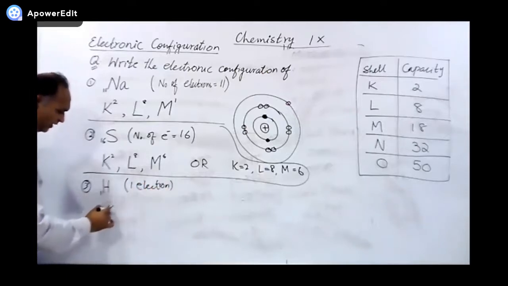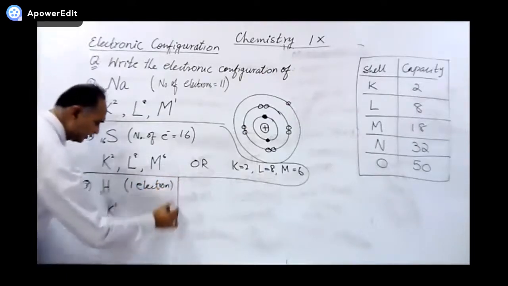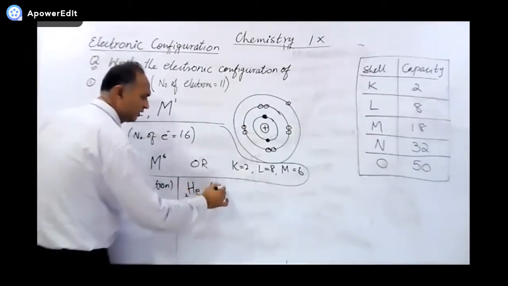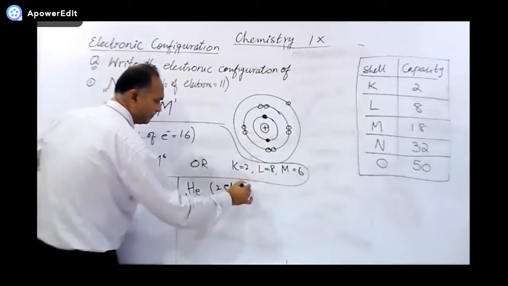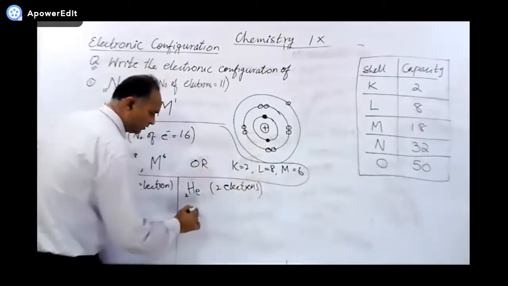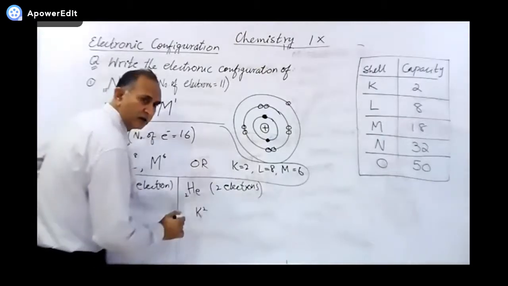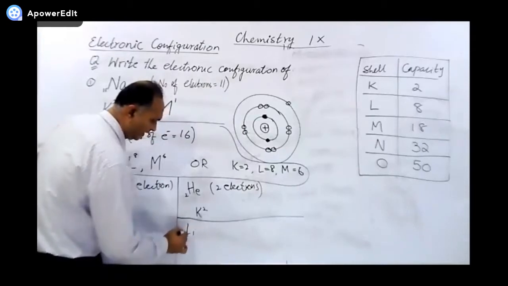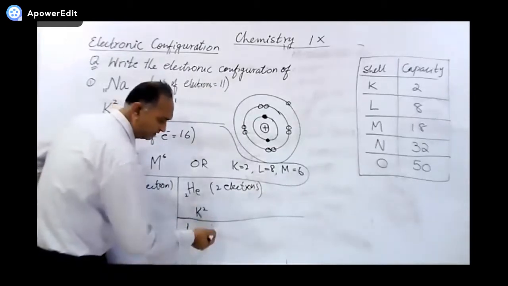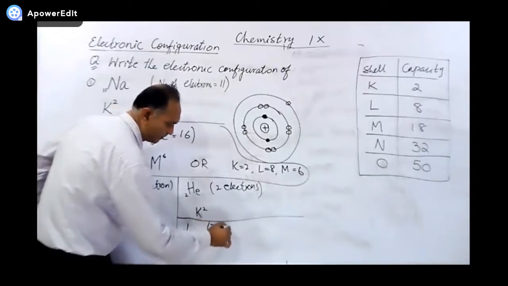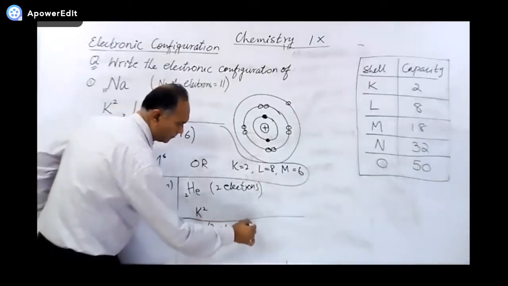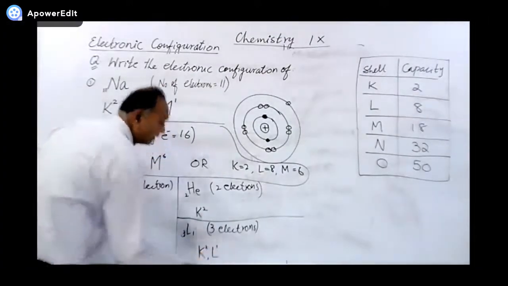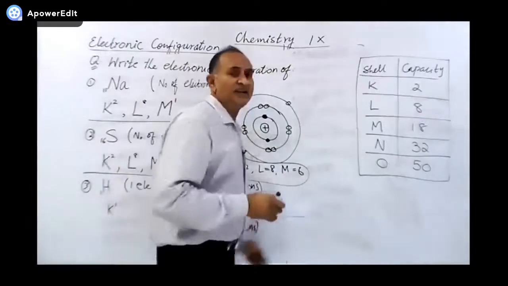So it will be K1. Next is helium. How many electrons does it have? 2 electrons. K2. Lithium 3. It has 3 electrons. So it will be K2 L1. Similarly, you will do it for the first 20 elements.